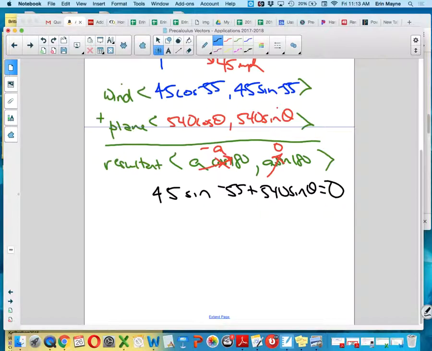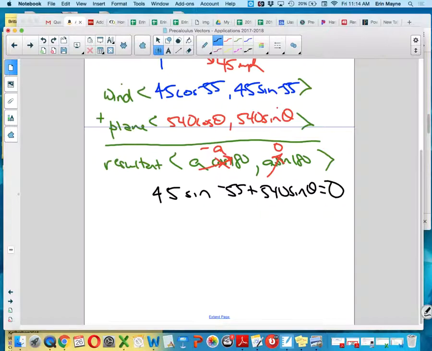Just solve. I think of it as a plane setting and a plane 45 result. Sine negative 55. What's in the cockpit? The resultant is what the plane is actually doing when the wind is factored in. Isn't the plane, without the wind, going 540 miles per hour?